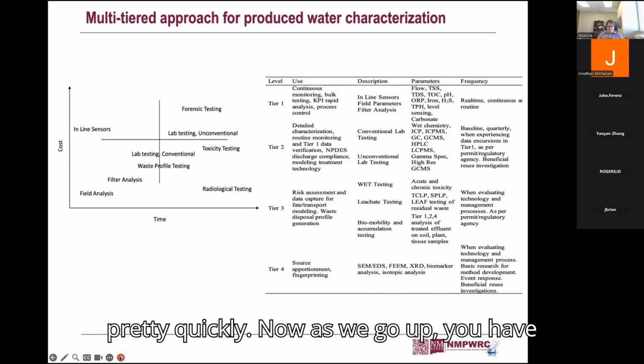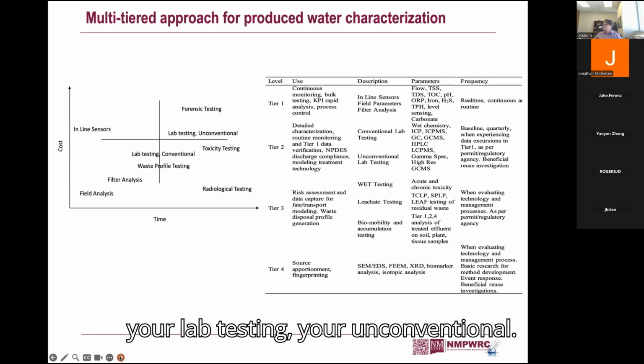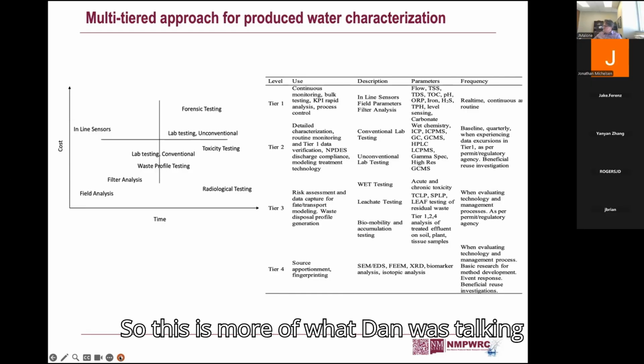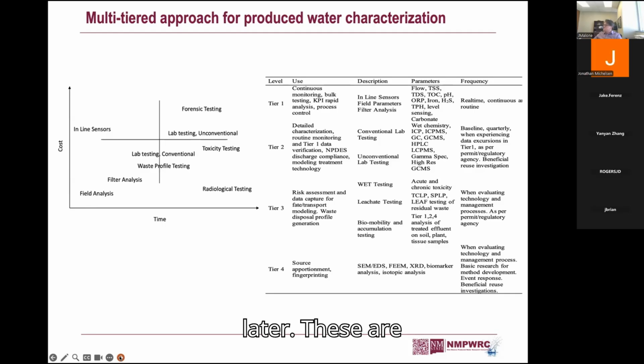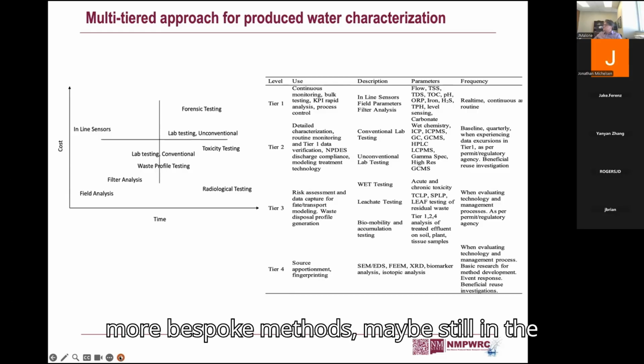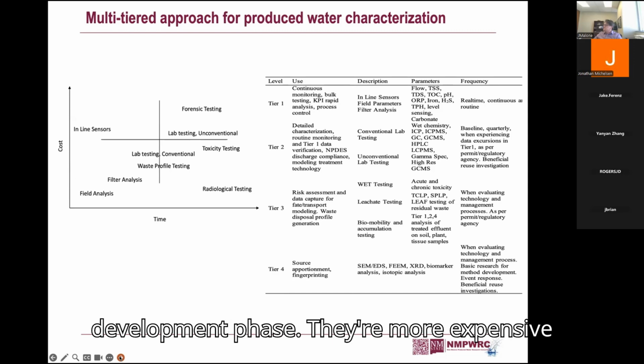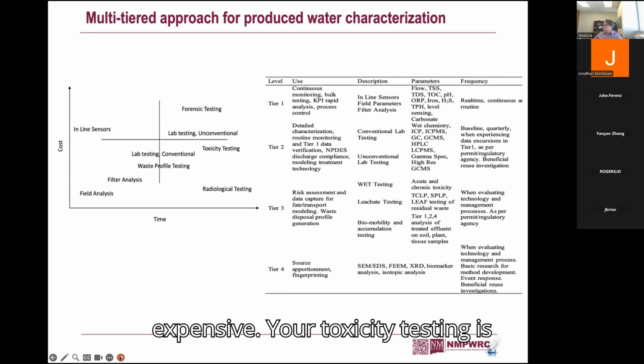Now, as we go up, you have your lab testing, your unconventional. So this is more of what Dan was talking about, and I think others will talk about later. These are more bespoke methods, maybe still in the development phase. They're more expensive because the equipment is much more expensive.